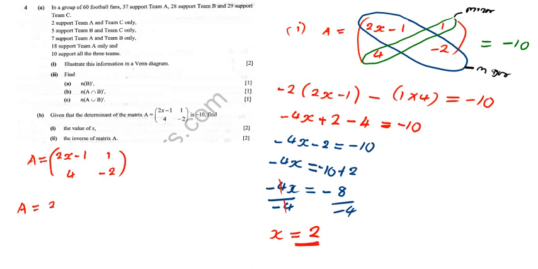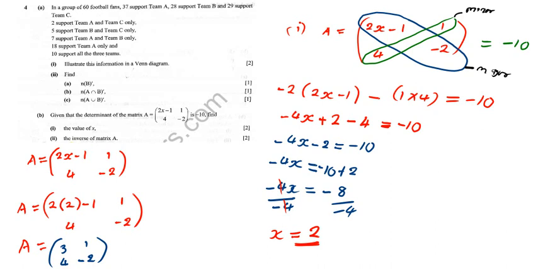So it will be 2 open bracket 2 minus 1, 1, 4, negative 2. So therefore matrix A is equal to 2 times 2, 4, minus 1, getting a 3. So I write a 3, 1, 4, negative 2. So that's our matrix.